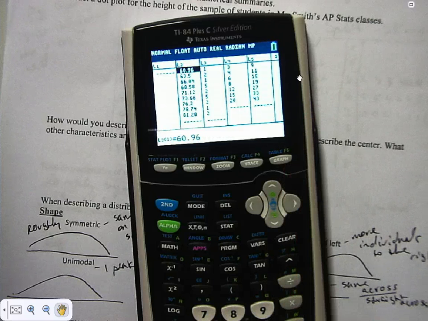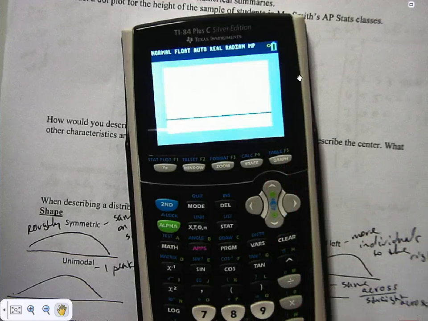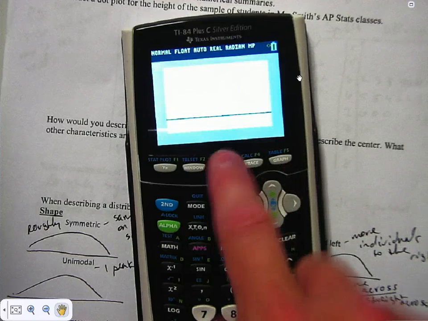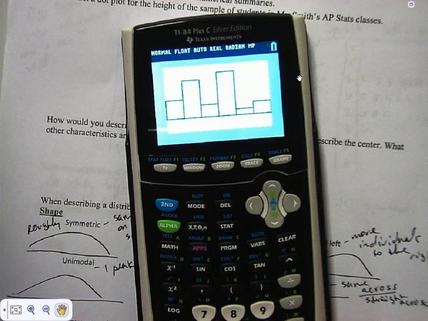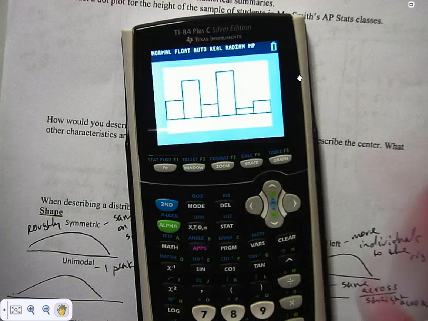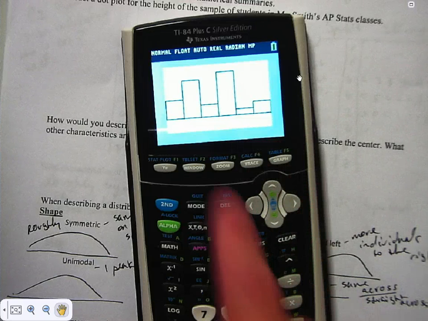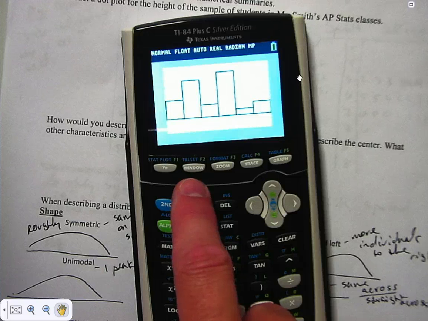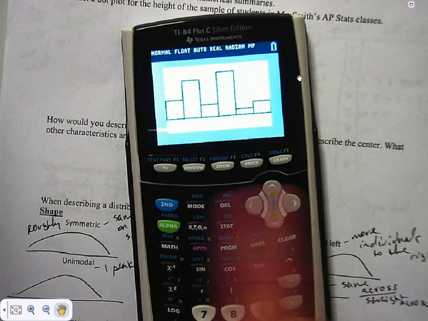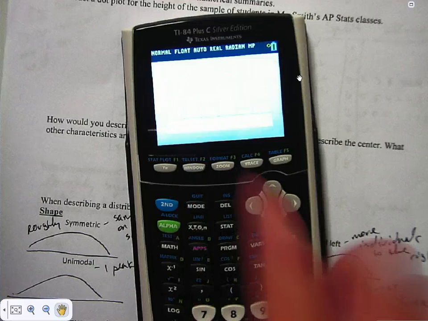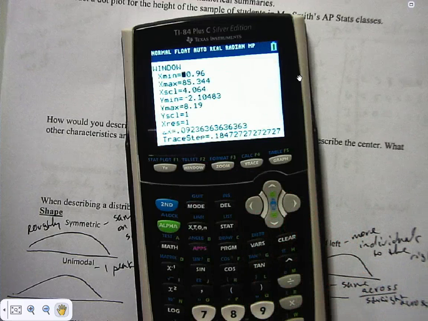Now, if I decide to graph that, oh, can't see it. Zoom stat, right? This is not the same scale, so I'm going to have to try to figure out the scale here. The original scale went from 20, and so 20 times 2.54, can I do that in here?